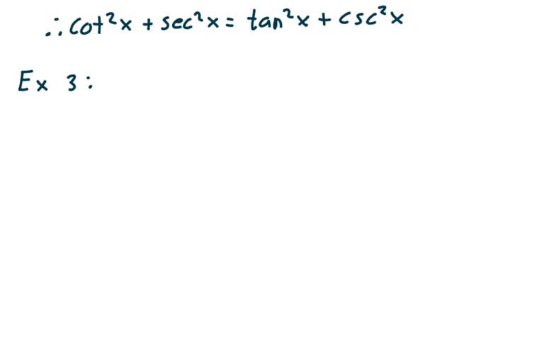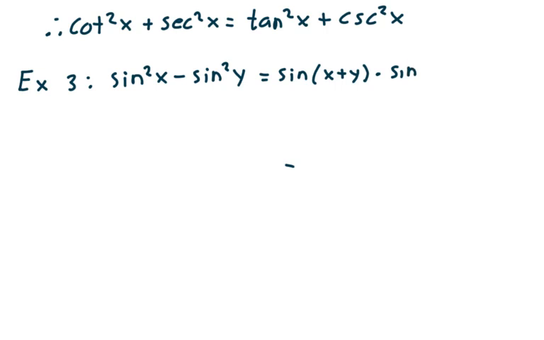So in example 3, we have the following. We have sine squared x minus sine squared y on the left side. On the right side, we have sine of x plus y times sine of x minus y.